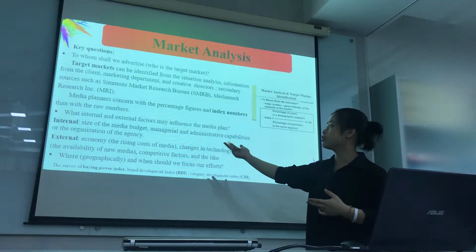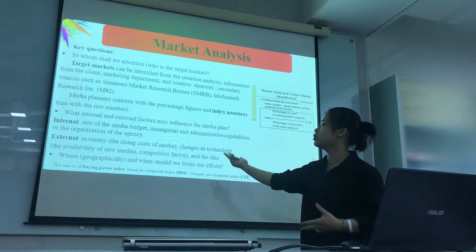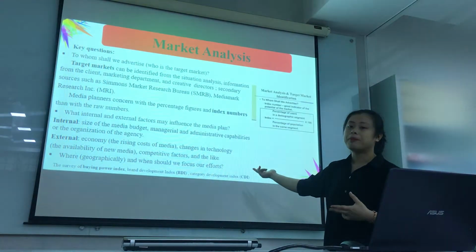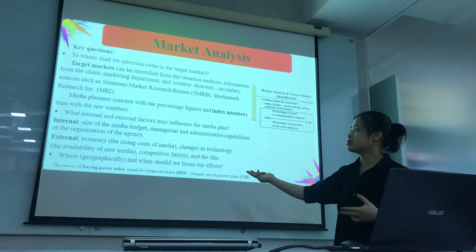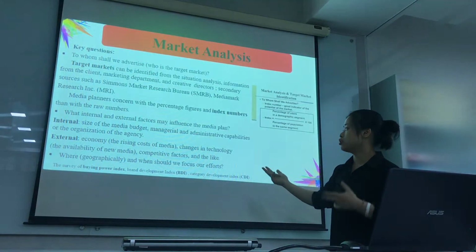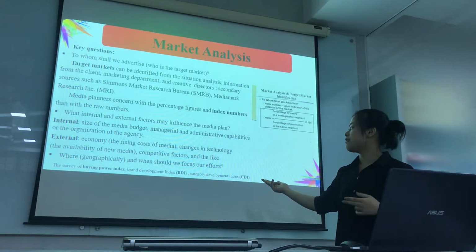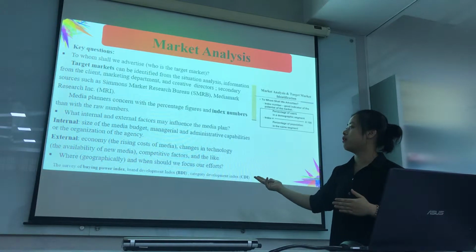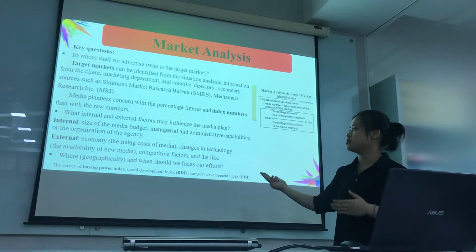Next, we need to figure out what internal and external factors may influence the media plans. Internal is about the size of the media budget, and the managers and administrative capabilities of the organization or the agencies.